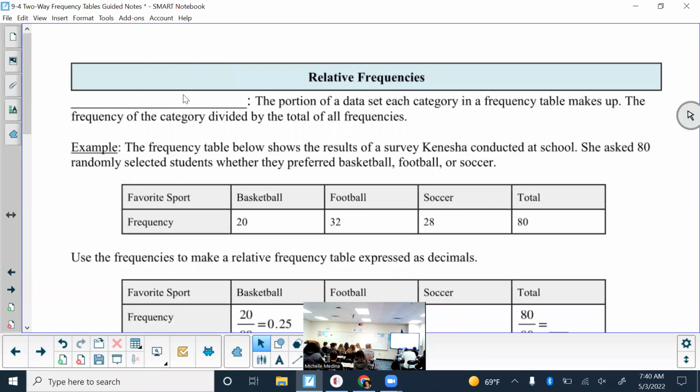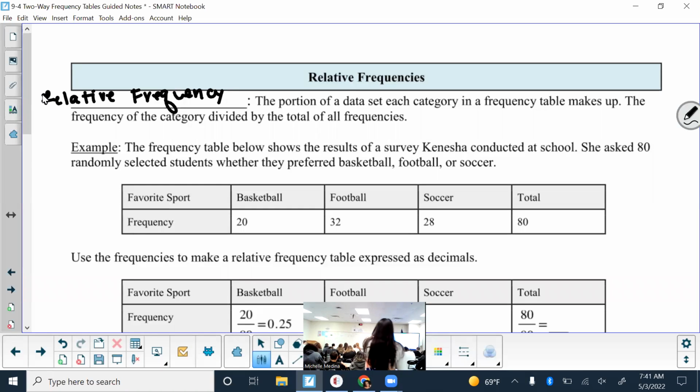So that's all good. Relative frequencies is more what they'll ask you on a test. So relative frequency is going to be the portion of a data set each category in a frequency table makes up.